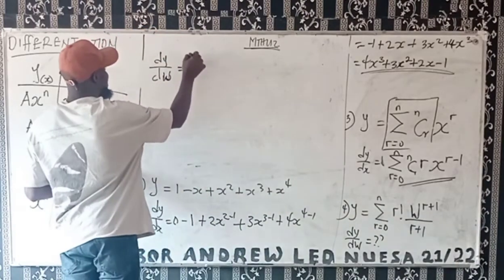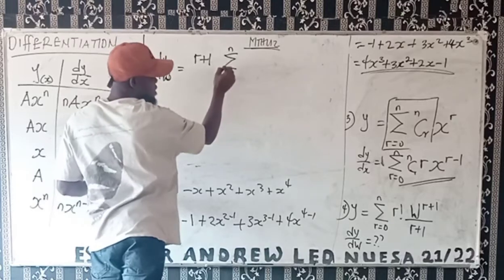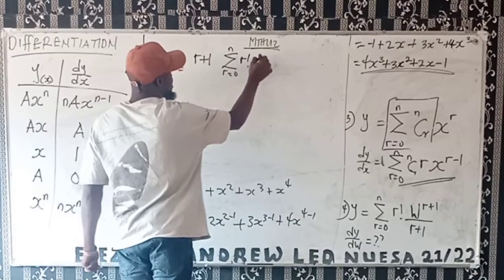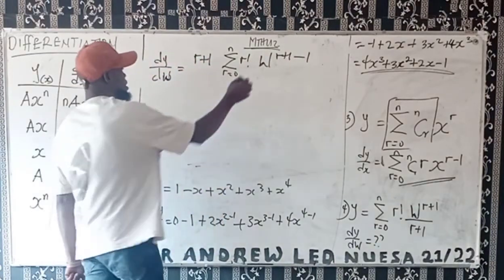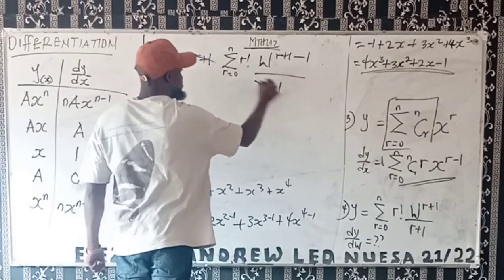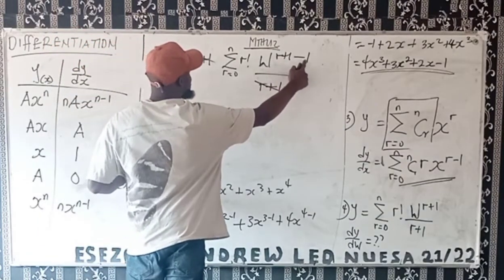So we are going to use arrow plus 1, multiply everything. Just arrow starting from 0 to n, arrow factorial, then w arrow plus 1, then we remove 1 from the power. Then remember everything is over arrow plus 1. So this one can cancel this. It's possible. Then what is 1 minus 1? That will be 0.